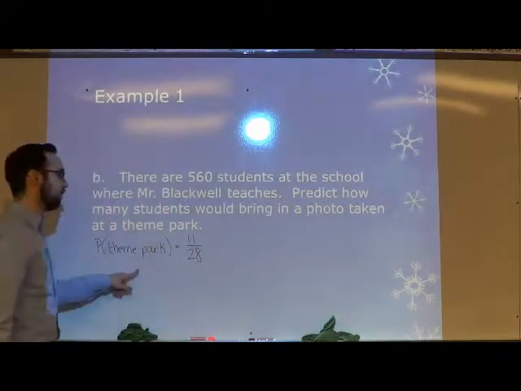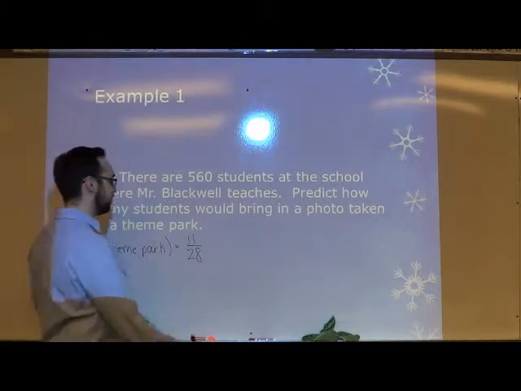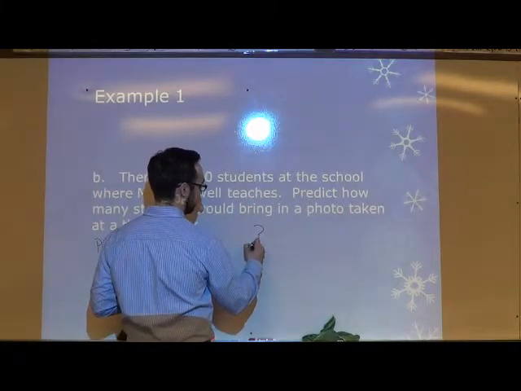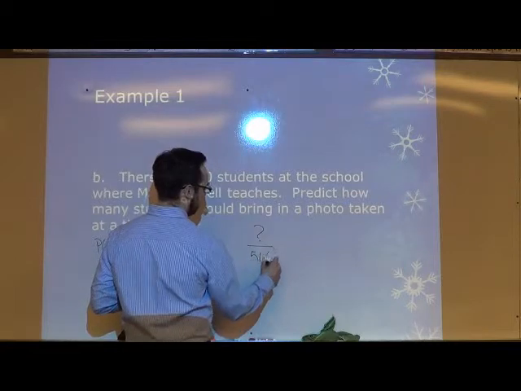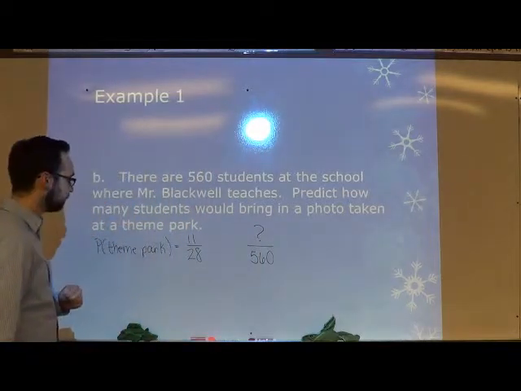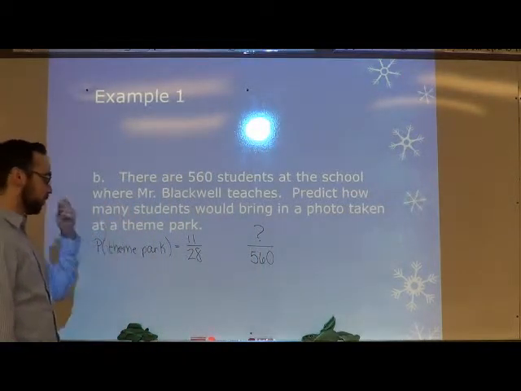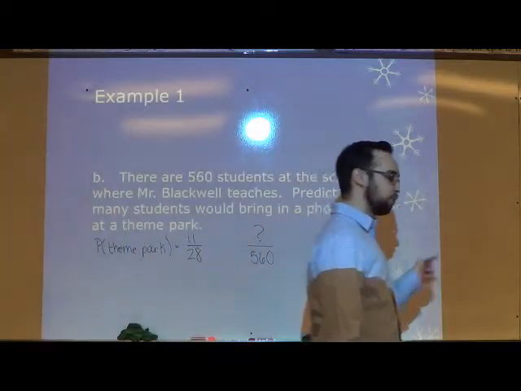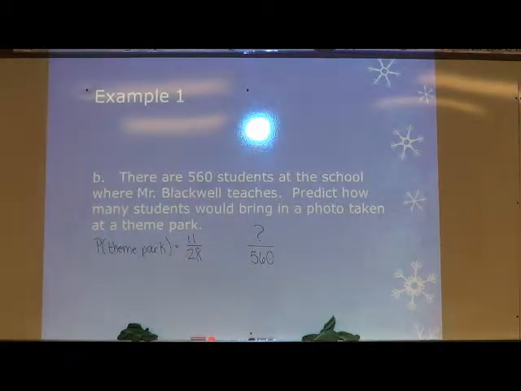We're going to use that information to predict how many out of 560. I want to know how many out of 560. So we're going to use the ratio, excuse me, not the proportion, the ratio. We're going to use that probability.